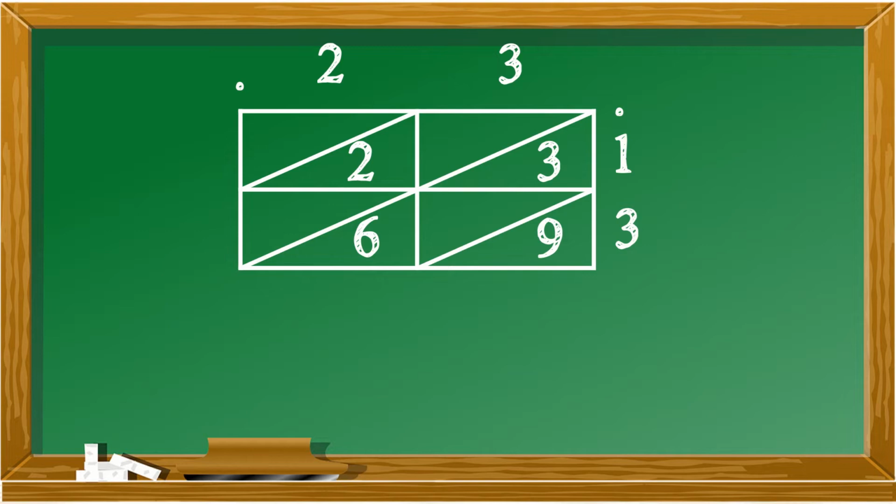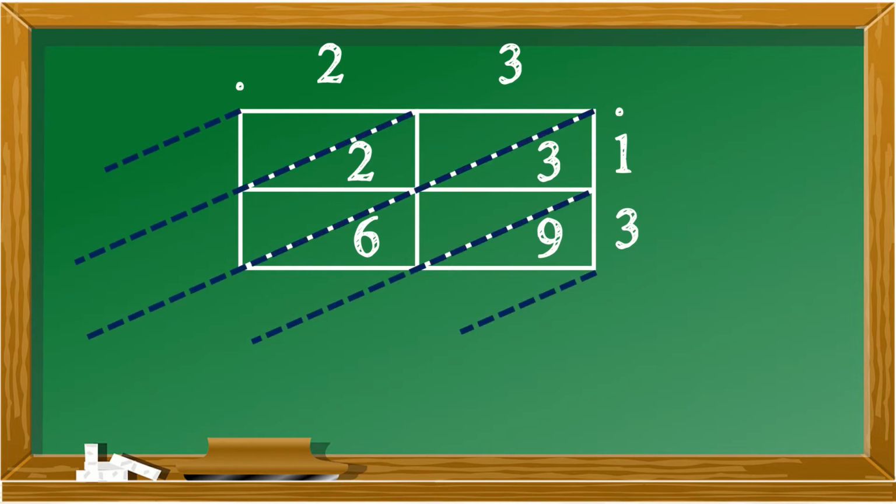So now we will add those. Before we add, we will group them by drawing diagonal lines like this.